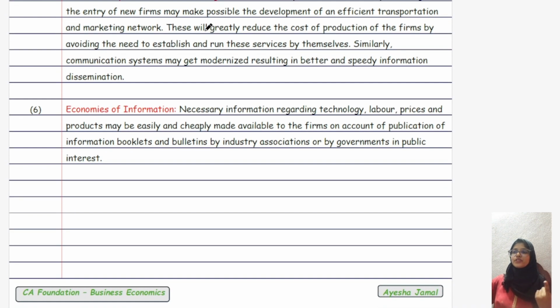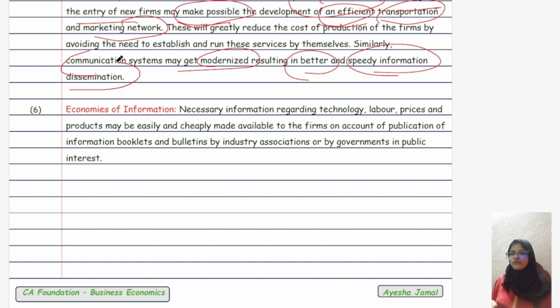Better transportation and marketing facilities. Expansion of an industry resulting from the entry of new firms makes possible the development of efficient transportation and marketing networks. Communication systems may get modernized, resulting in better and speedy information dissemination. We have economies of information: necessary information regarding technology, labor, prices, and products may be easily and cheaply made available to the firms on account of publication of information.